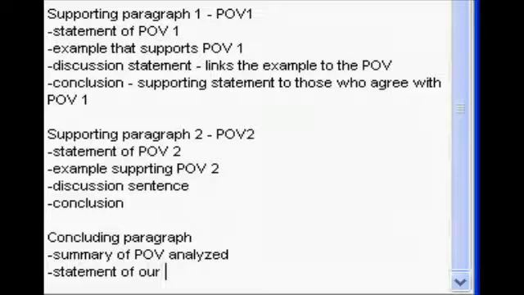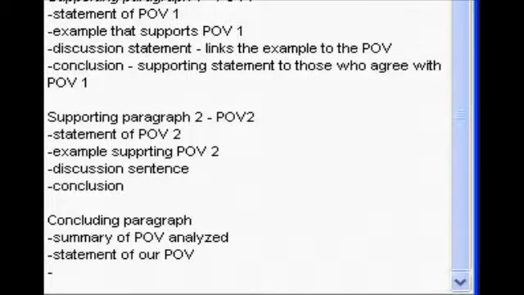The second sentence is a statement of our point of view. So we're just saying whether we more so agree with point of view number 1 or we more so agree with point of view number 2. So we'd structure this as something like, after analyzing both points of view, it's obvious that point of view number 2 is stronger, or it's obvious that McDonald's is not an impressive restaurant, or however we want to word it.